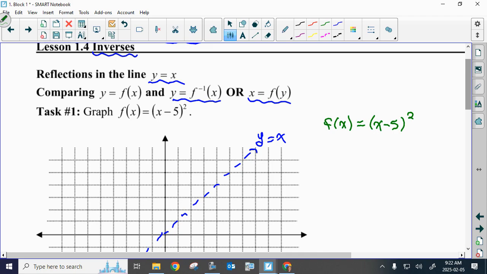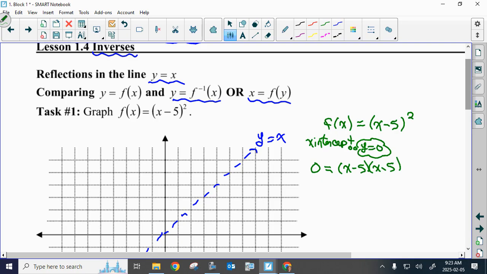Two critical features of f of x would be x-intercept and y-intercept, right? When I say x-intercept, what are you guys thinking? If I say x-intercept, your brain has to think y equals 0, so then 0 is equal to, now you guys know that x minus 5 all squared is just x minus 5 written twice, right?